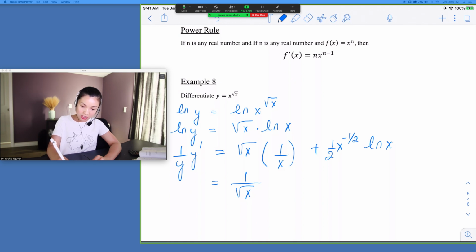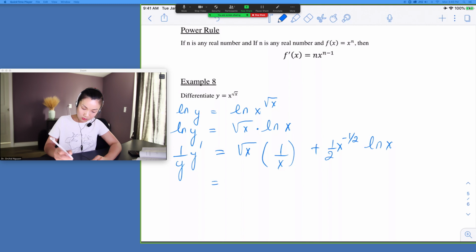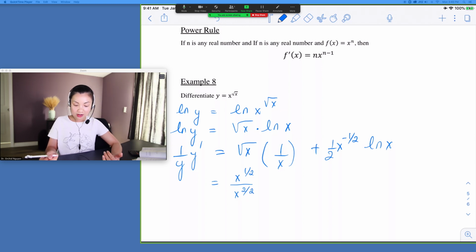If I change it, x to the 1/2 divided by x to the 2/2, 2 over 2. So it's negative 1/2, right? So the negative 1/2 means the half is going to be on the bottom. So that's how I got it. Okay, so let's simplify this one.